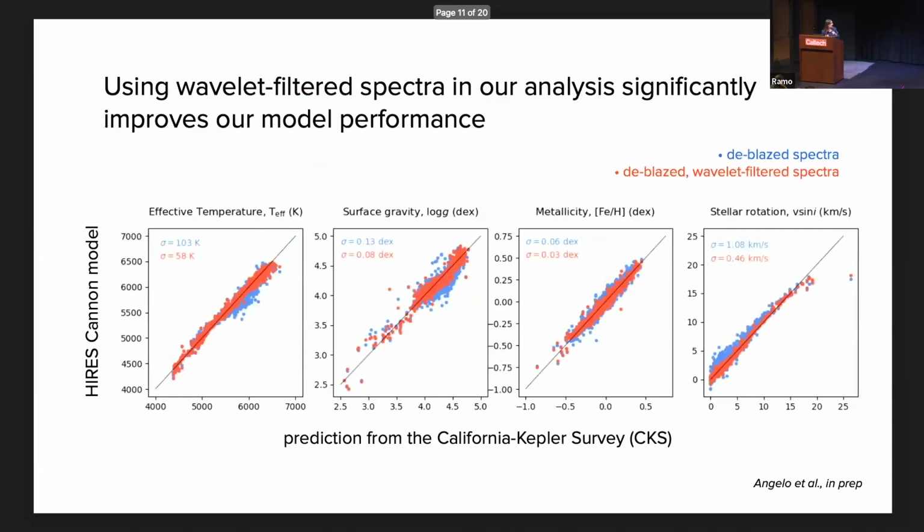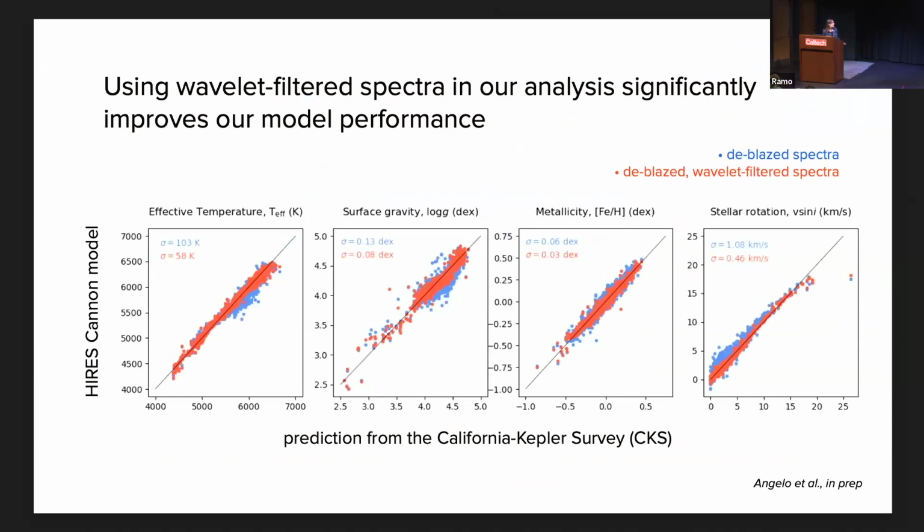So this ended up really improving our model performance, and that's what I wanted to show you here in this plot. The way that we check whether or not our model is performing well is we try to determine star properties with it, and we compare them to these sort of ground truth properties. In this case, the star properties reported by the California Kepler survey.